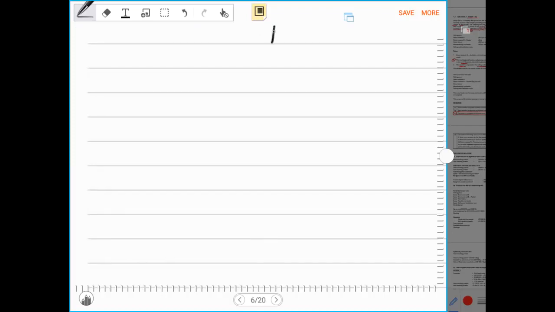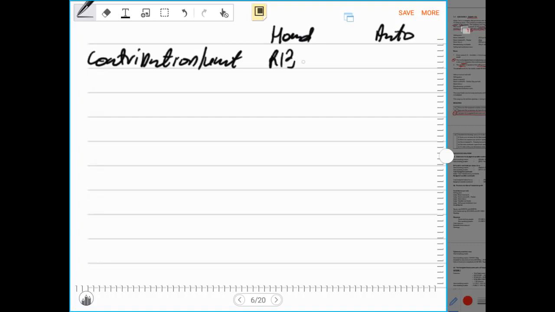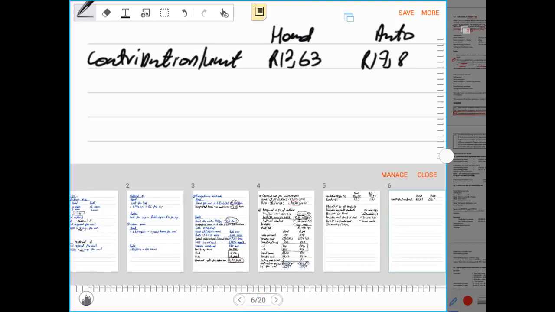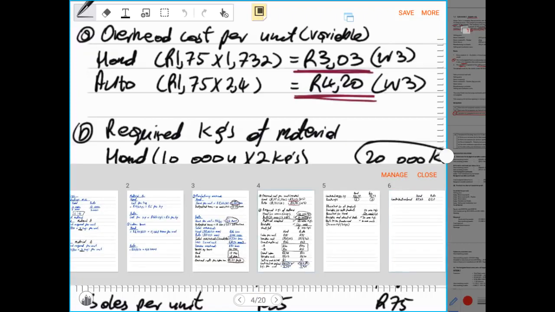So we already have the 2 products, which are hand and auto, and we already have the contribution per unit. Our contribution per unit was 12.63 and 17.80. Let me just confirm that.